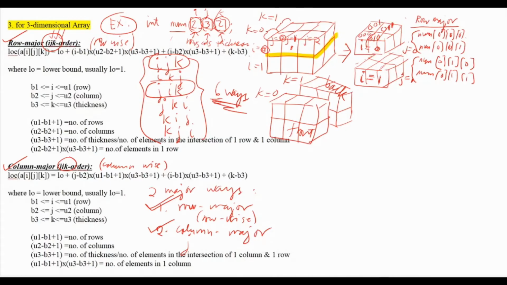Next, we consider the third column, and the first element here in the third column has indices 0, 2, 0 and 0, 2, 1. So in the list, we have num 0, 2, 0, and num 0, 2, 1.